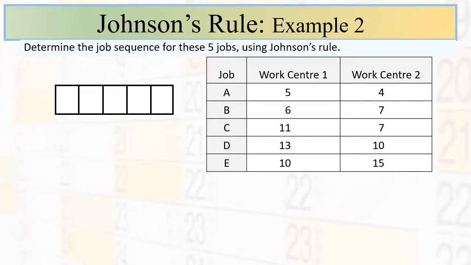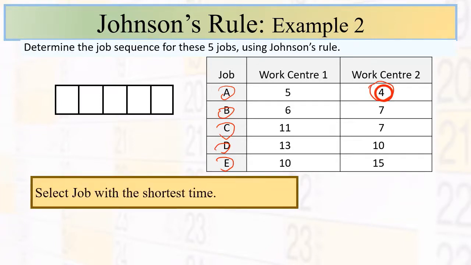So in this case, again, we'll follow the rule. So this is Johnson rule, and we have 5 jobs, which is fine. And we have 2 work centers, which is exactly what the Johnson rule requires, that we have 2 work centers or 2 machines. And we're going to pick the lowest number in this whole table, which happens to be 4.